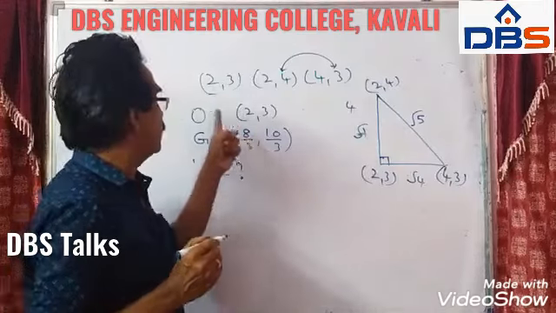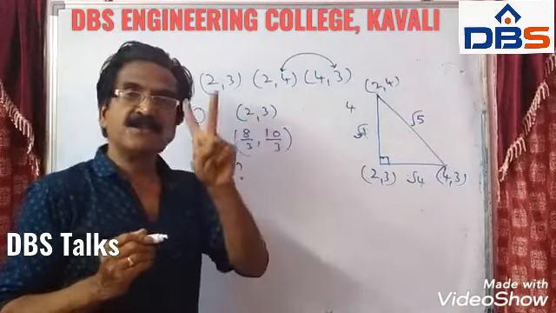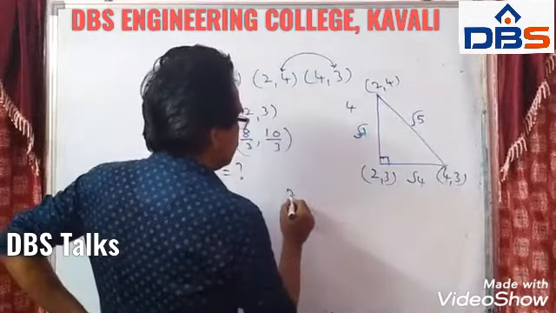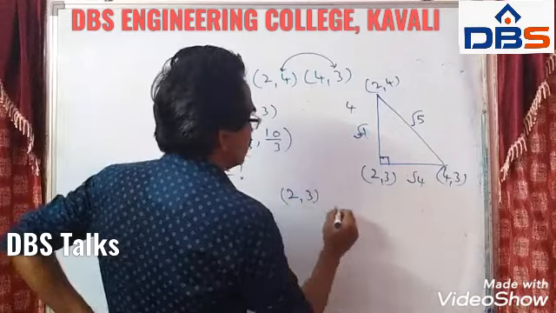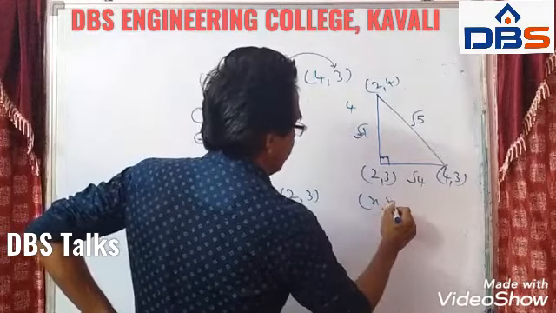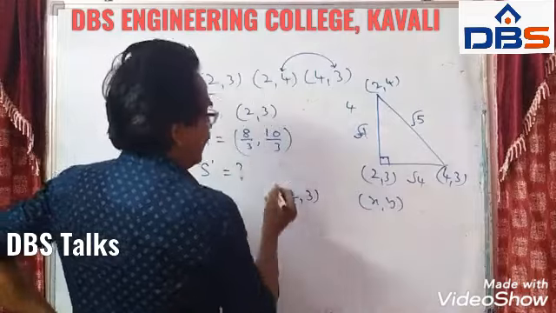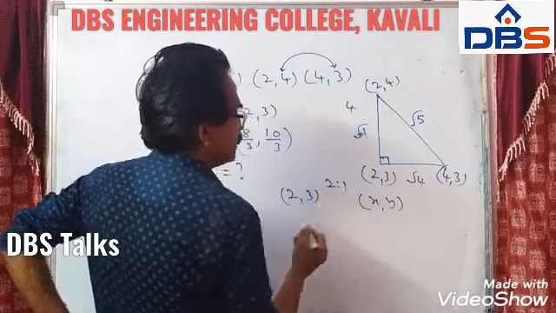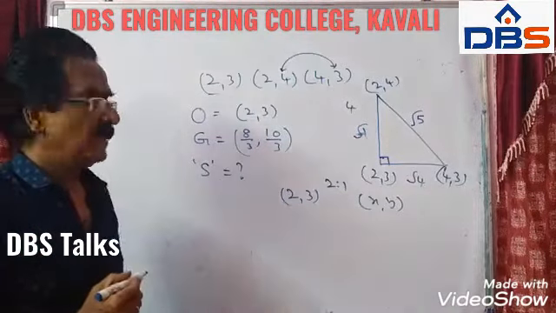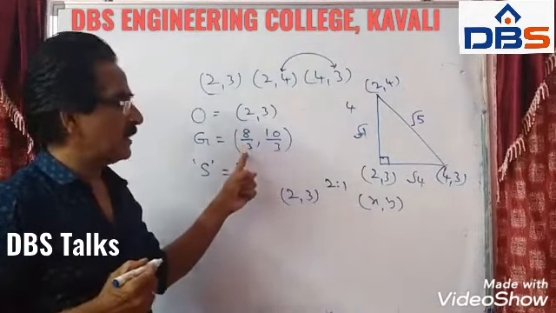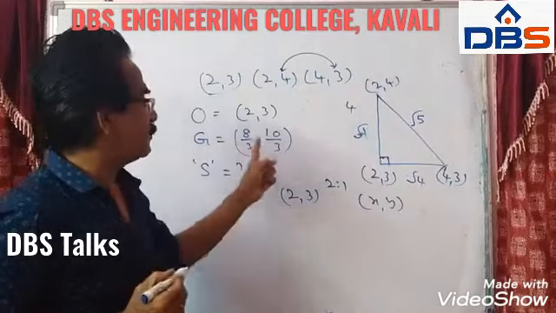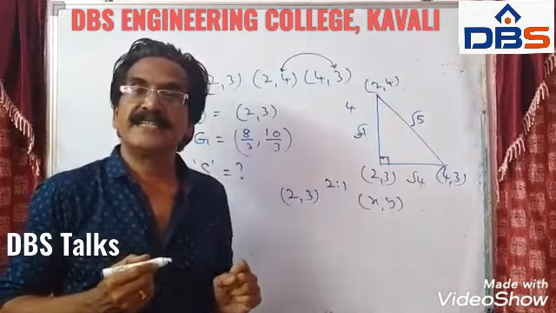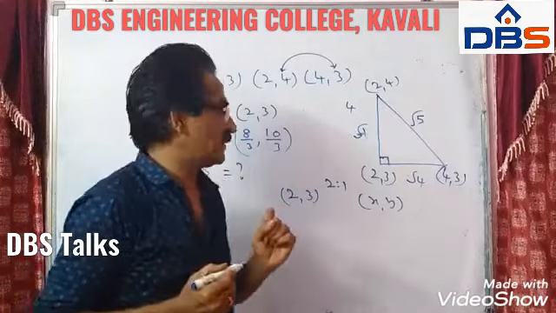G divides O and S in the ratio 2:1. So O is (2, 3), S we have to find, and G divides these 2 points in the ratio 2:1. So we know G. Let us equate the coordinates to G to find x and y. So we can get the circumcenter.